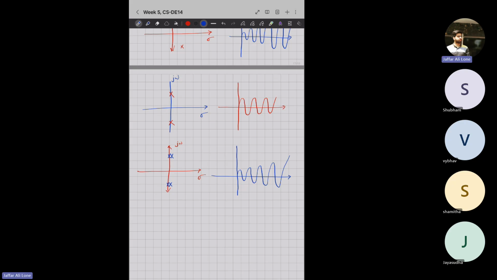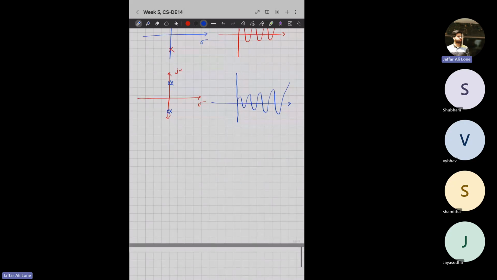It will keep on increasing and go to infinity. Why? No doubt the poles are on the imaginary axis, but because of the repeated poles, it is basically related to this Laplace transform.